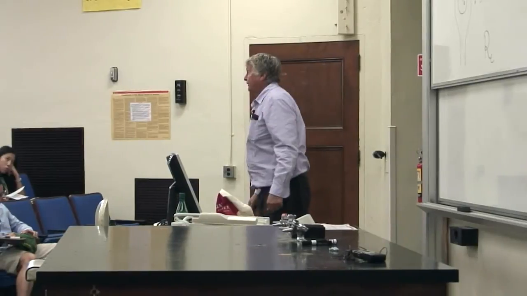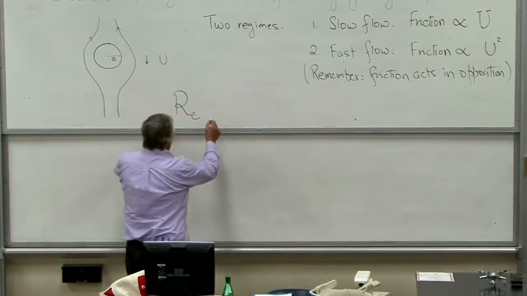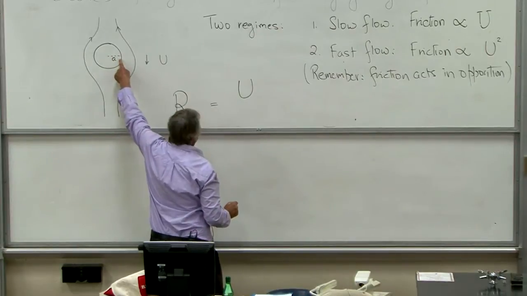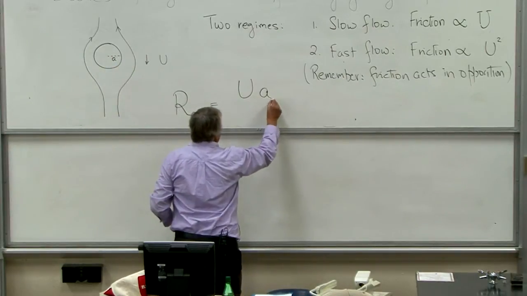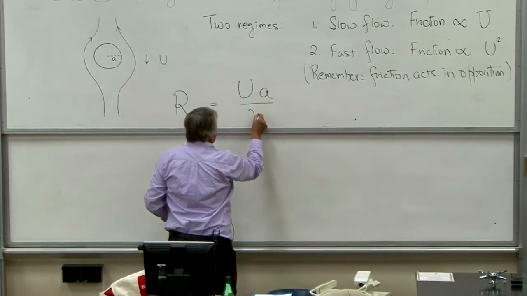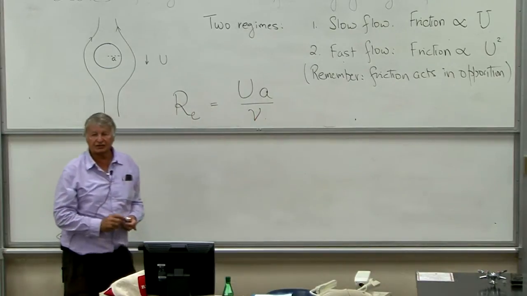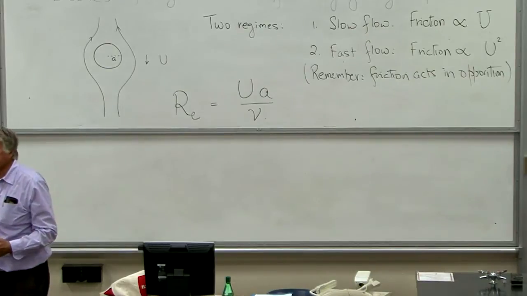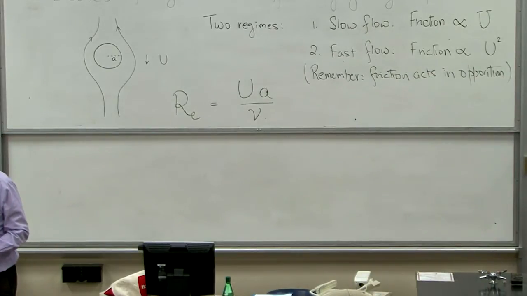It's defined as U times some particular size of the ball, which would be A in this case, divided by kinematic viscosity. That's a measure of the stickiness of the fluid.